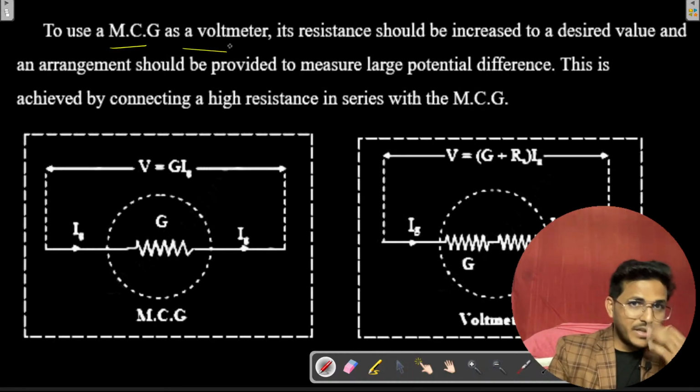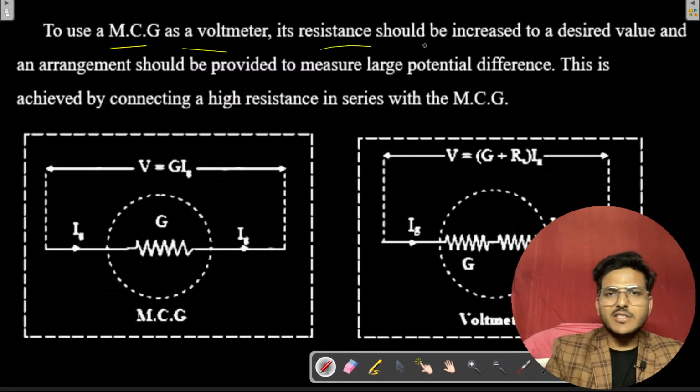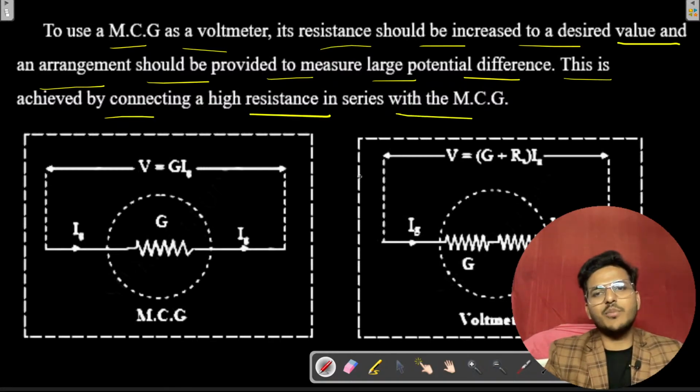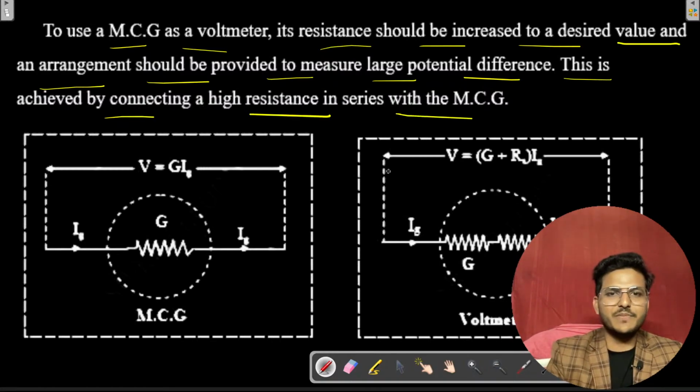For a moving coil galvanometer as a voltmeter, its resistance should be increased to the desired value so that it can measure a large potential difference. This is achieved by connecting a high resistance in series with the moving coil galvanometer.